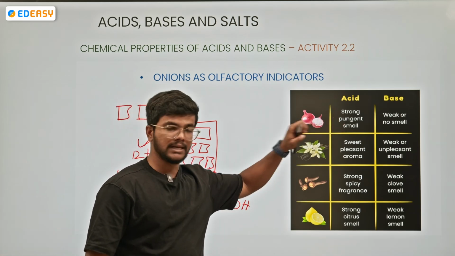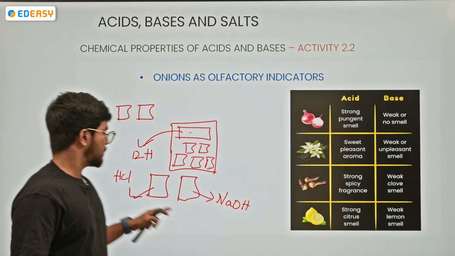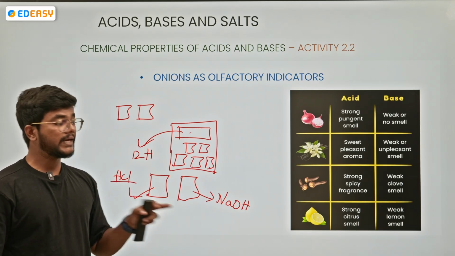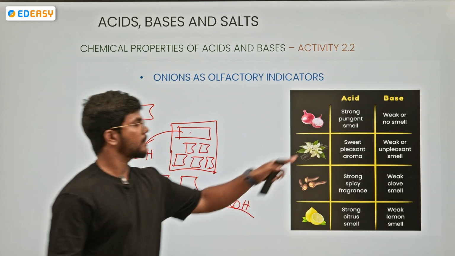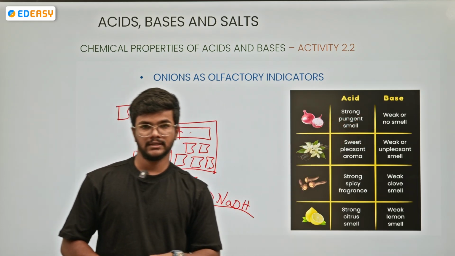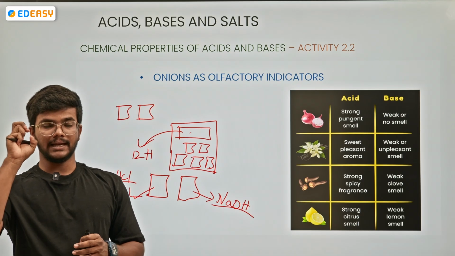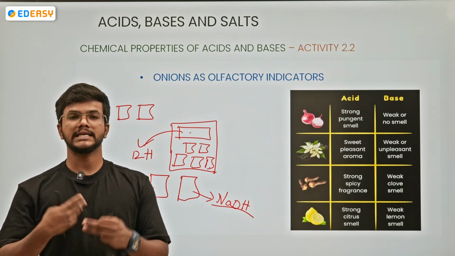The cloth reacting with HCl keeps the same strong pungent onion smell, whereas the cloth reacting with the NaOH will change its smell. Weak or no smell means the onion smell is reacting with the base, that's why there is a change in smell.